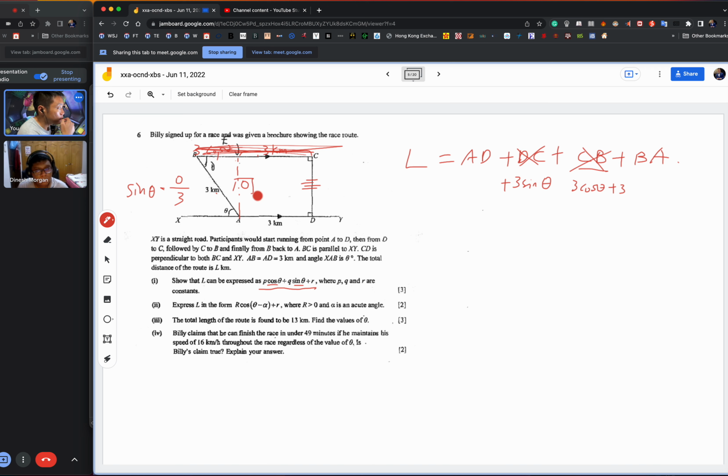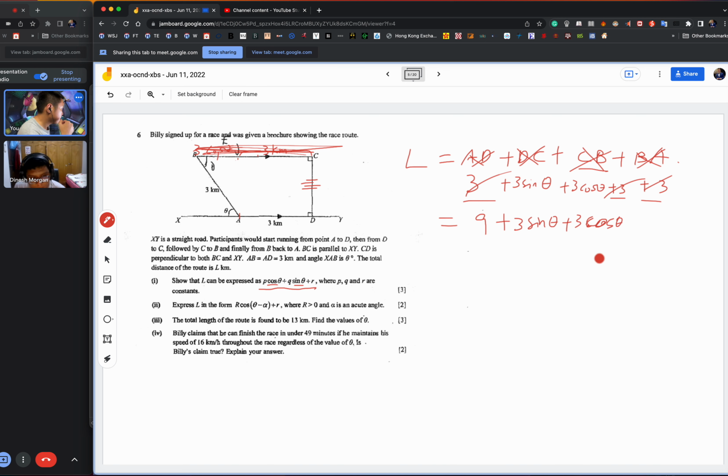Yep, pretty much done. AD is 3, then BA is also 3, so you have 9, plus 3 sine theta plus 3 cosine theta. So you have put it in that format already. So it's just 3 cosine theta plus 3 sine theta plus 9.